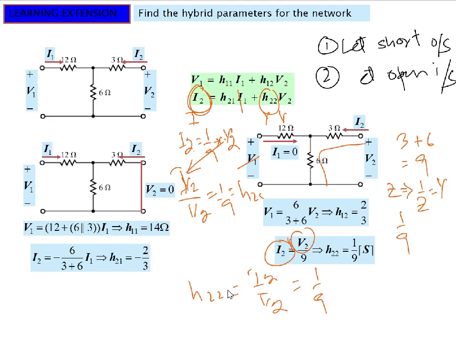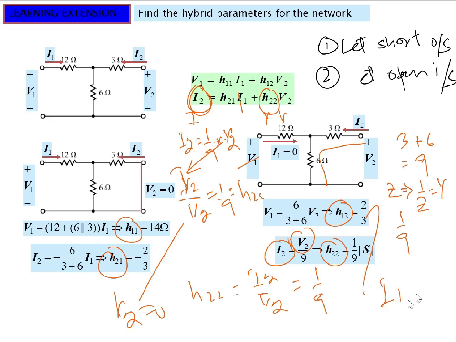And after that we used this method for finding I2 equal to H22 times V2. You can use your own method, but this one is a bit straightforward, and hence we calculated four values, H11, H21, H12 and H22. For some of these V2 equals 0, for the others I1 equals 0. So this is pretty much it.